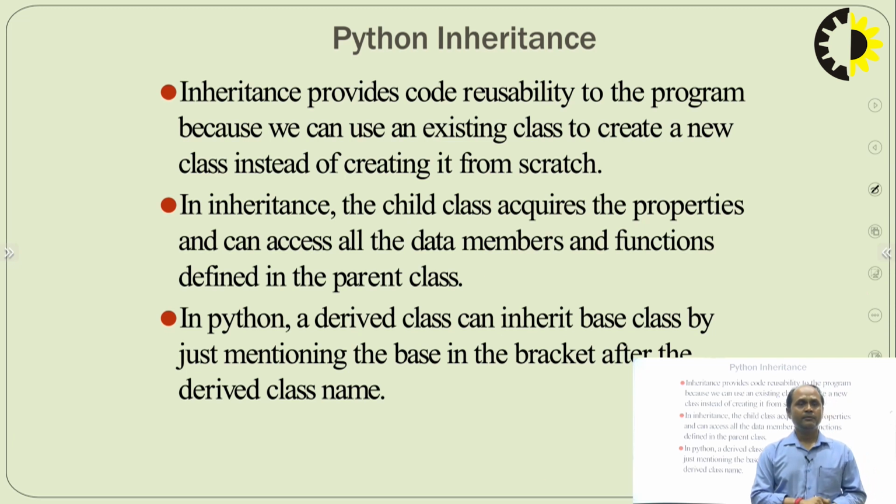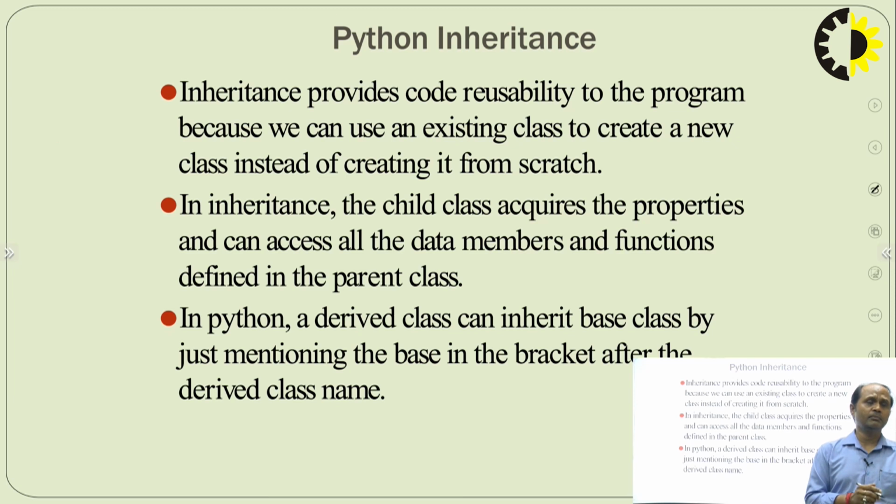In Python, we can also use the inheritance property. It is the main property of object-oriented programming. What is inheritance and how we can use it in Python, we will discuss in this lecture.